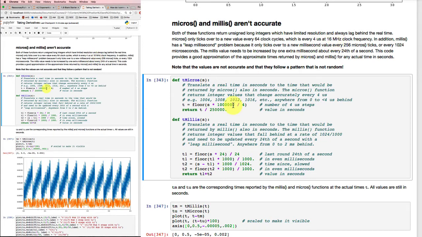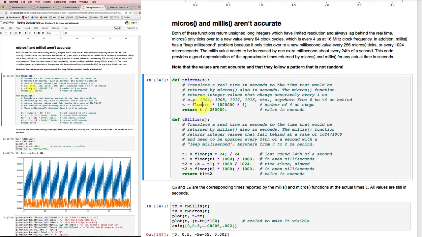So as a result, if we wanted to know what the time was in micros returned by the micros function as a function of the actual time, we'd have to take the value that we've got and figure out how many 4 microsecond steps there had been since the reset time. Then we would take that number of steps, this is going to return a float value.